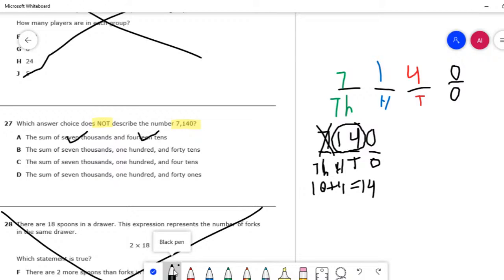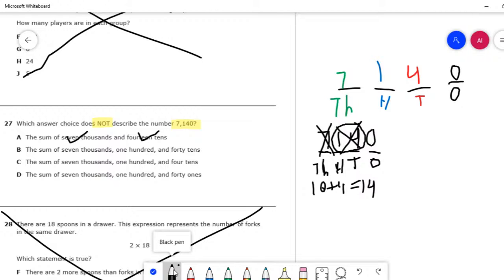We can cross it out. Now we just have a 0 left, and the 0 is just a placeholder. We don't need to say there's 0 ones because 0 has no real value. So answer choice A properly does describe the number.